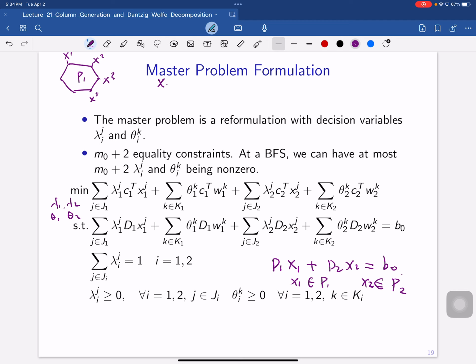If you say x1 is in P1, this is equivalent to saying that you have x1 such that x1 is a convex combination of the extreme points, say x1j with weights lambda j, where lambda j is greater than or equal to 0.